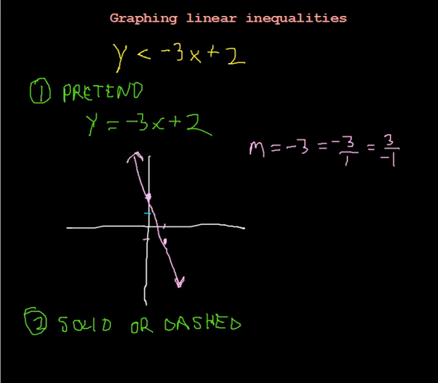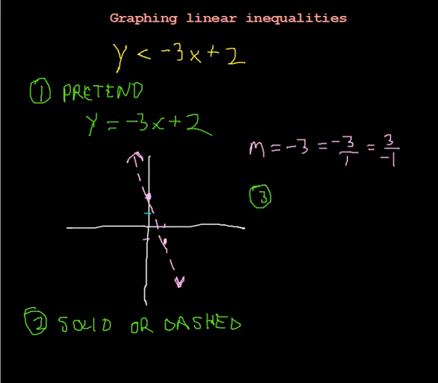And then the final thing that we do, step 3, is we'll test to see where all the solutions are. Oh, and by the way, this line's supposed to be dashed, right? So let me see if I can erase that. I just erased some of this line to make it a dashed line because we have no crayon. Okay, so now let's test.